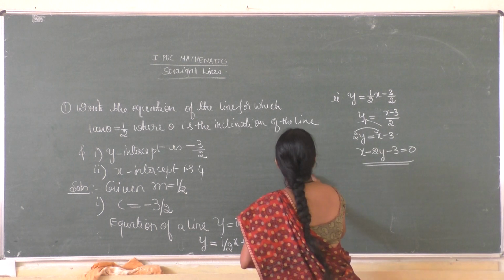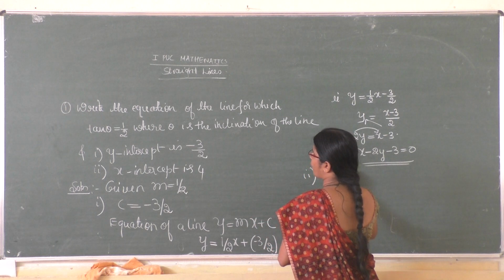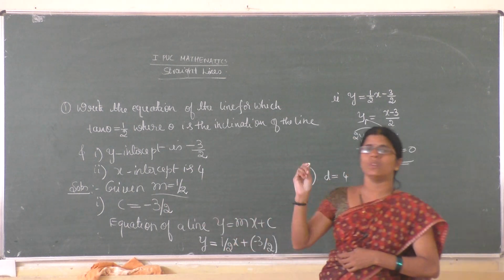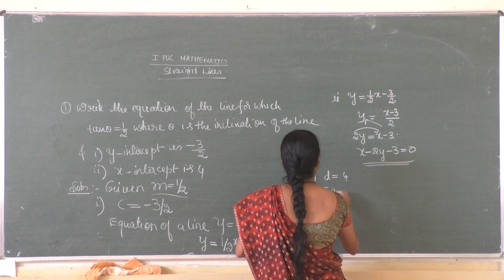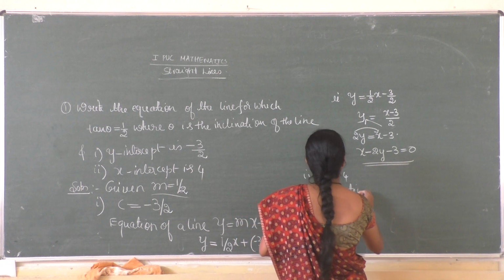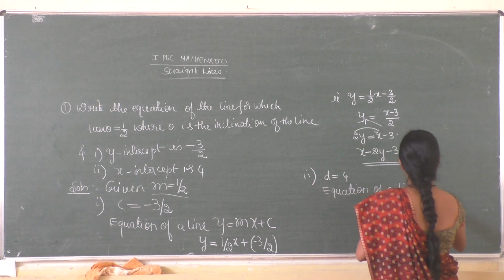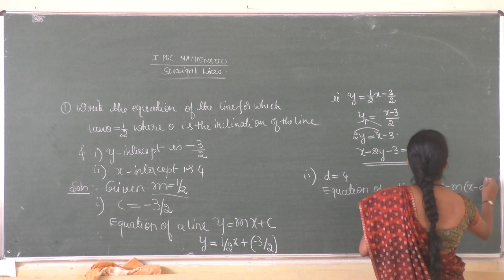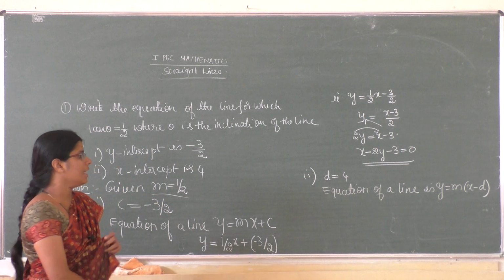Next, second one, d is given, that is 4. X-intercept is 4. Slope we already have, equal to half. So equation of a line is y equal to m into x minus d.